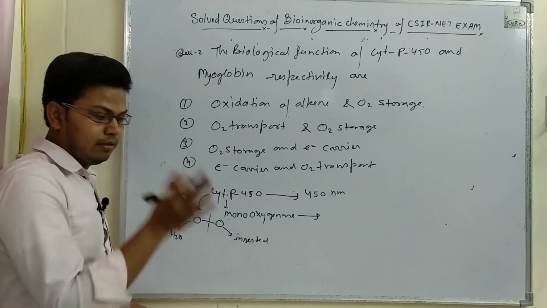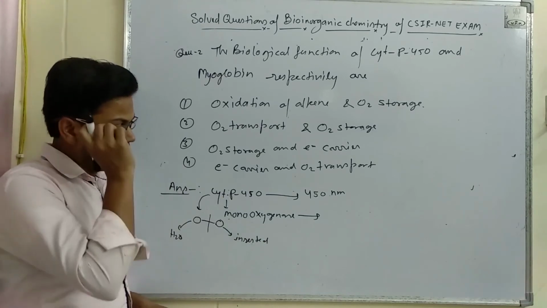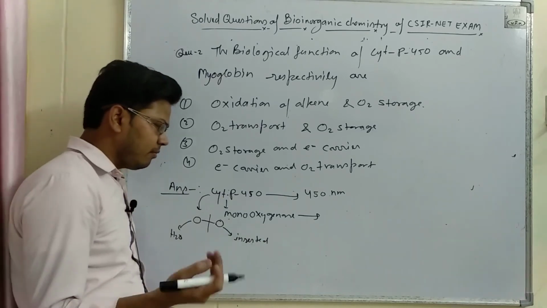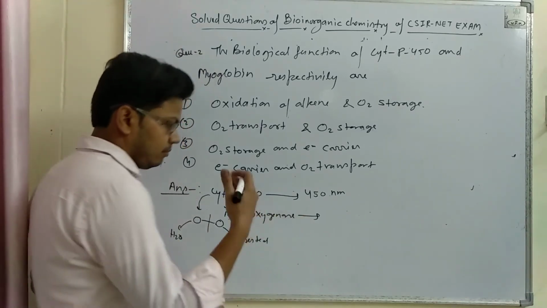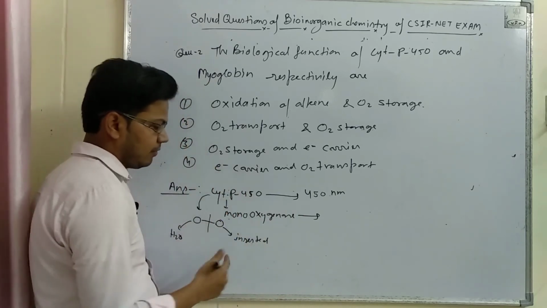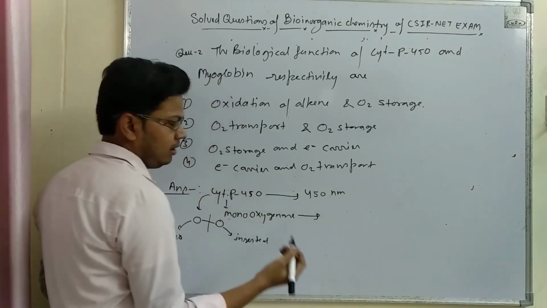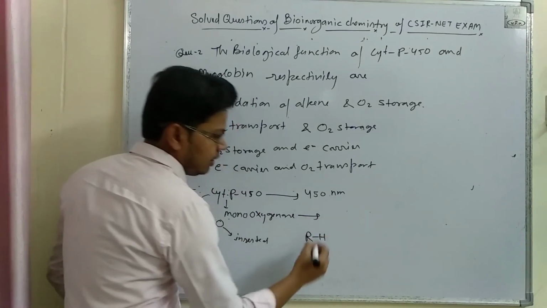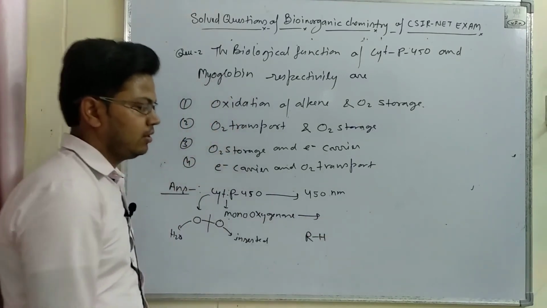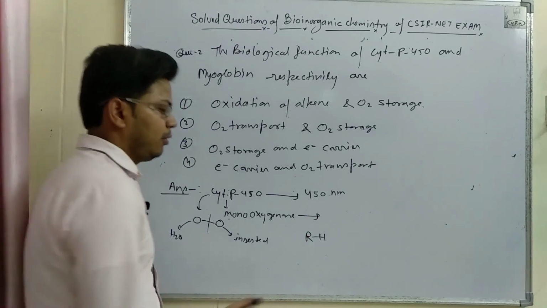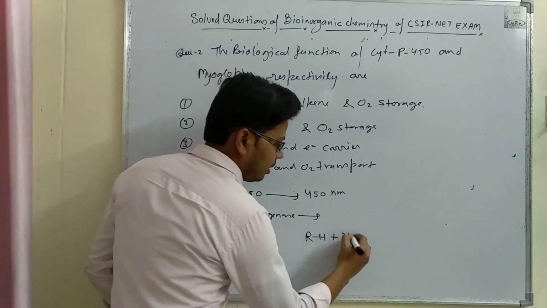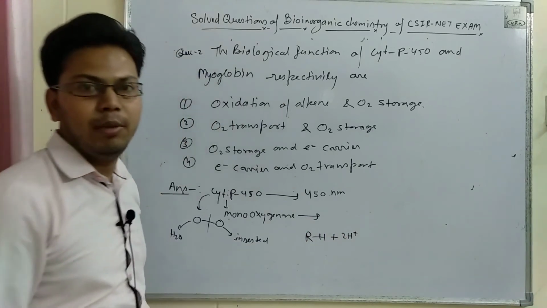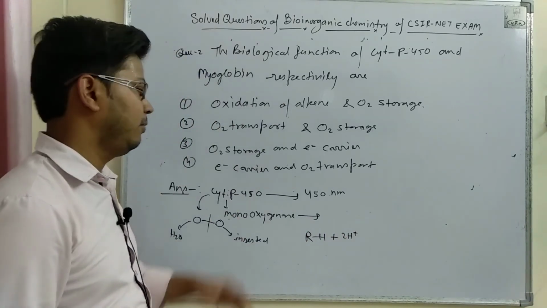Therefore, there are a large number of reactions which are carried out by the cytochrome P450. For example, in the kidney of human beings, there are insoluble hydrocarbons which are converted into soluble alcohols by the cytochrome P450 enzymes.